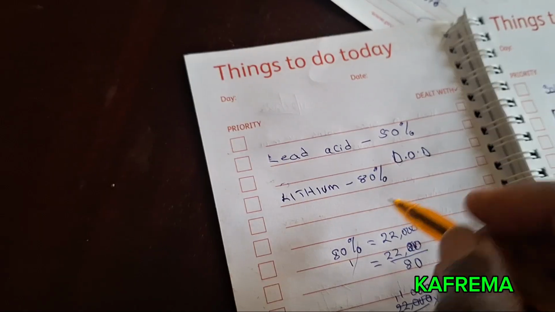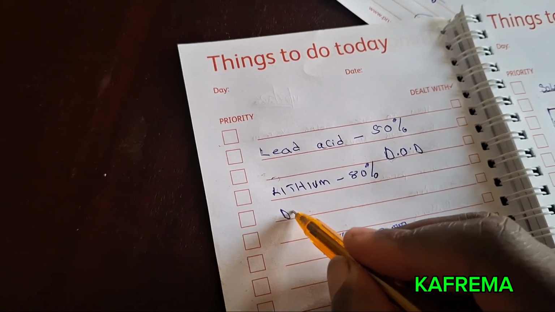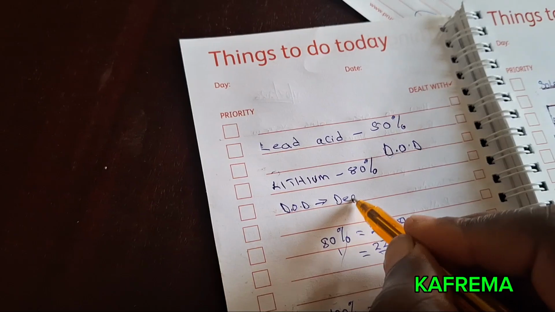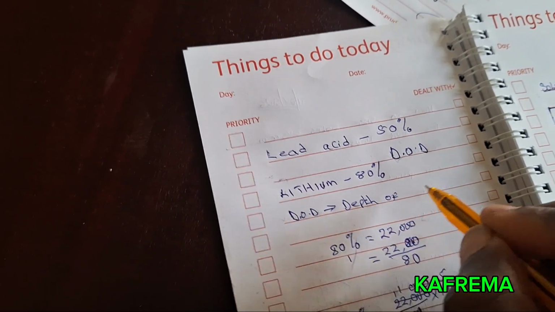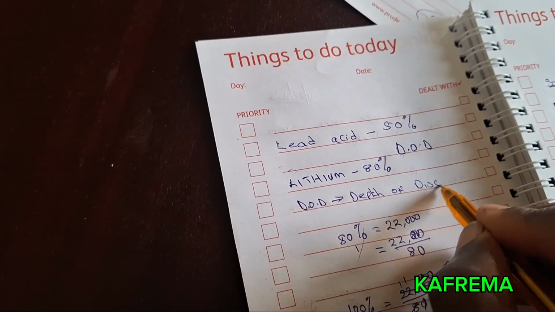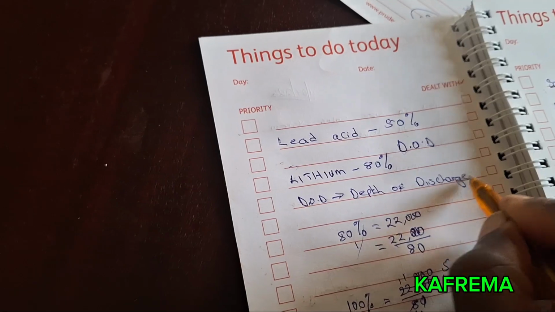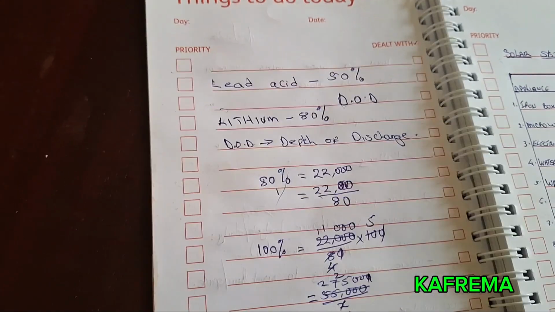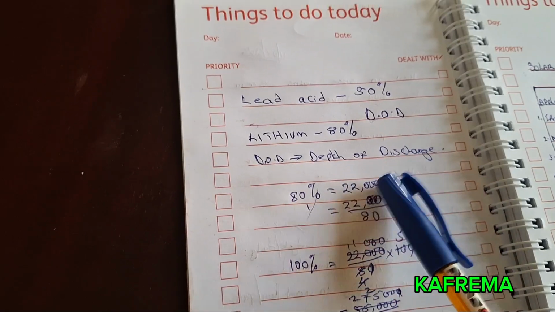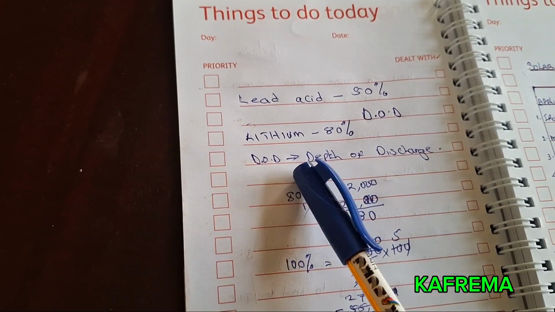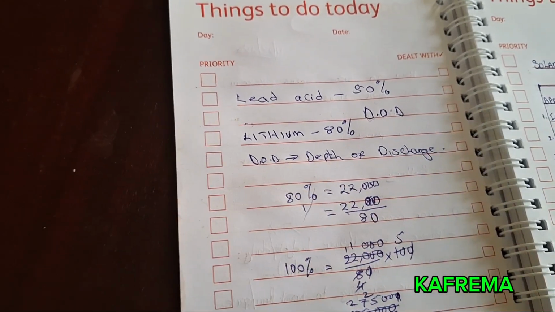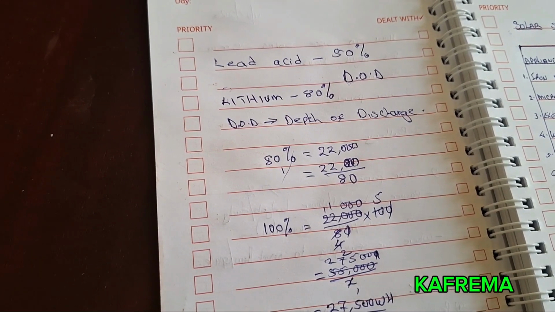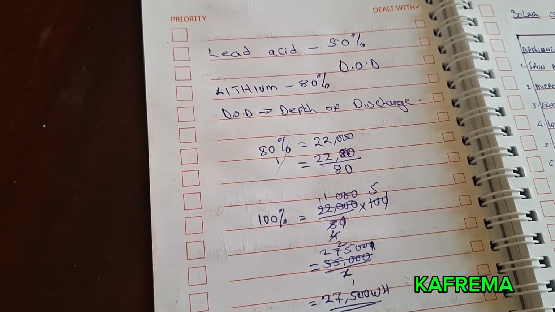There is depth of discharge. DOD means depth of discharge. It is very good to consider depth of discharge in determining your battery. Have we got that? This is very important.